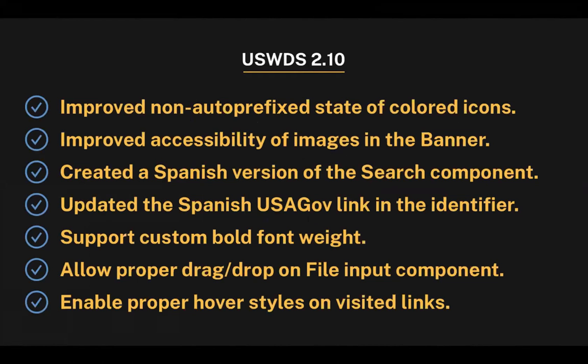So one thing we did was we improved the non-auto prefixed state of colored icons. I don't know if you've ever noticed a USWDS icon that appears as a rectangle instead of its proper shape, like in the banner. This is because some USWDS icons, when we apply a custom color to them, require running your compiled CSS through autoprefixer to display properly.